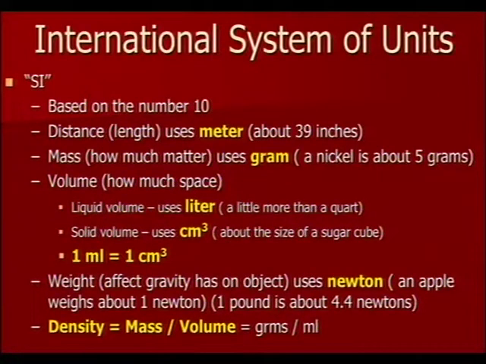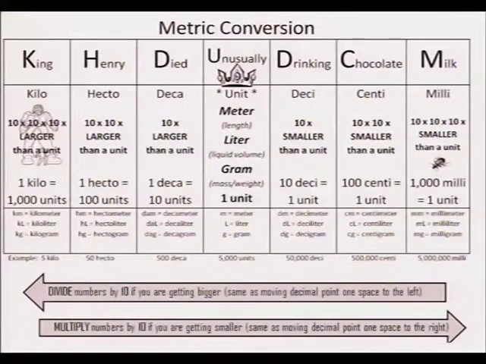For example, density. Density doesn't have a straight unit like distance has meter. Density is given by mass divided by volume, so the unit of density is a converted unit, for example gram per cubic centimeter. So in order to make it easier for you to remember these units and to convert them easily, we use this mnemonic.